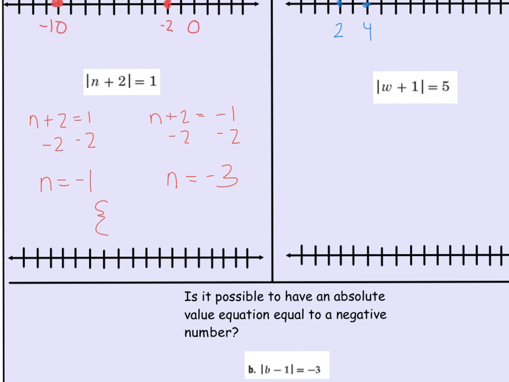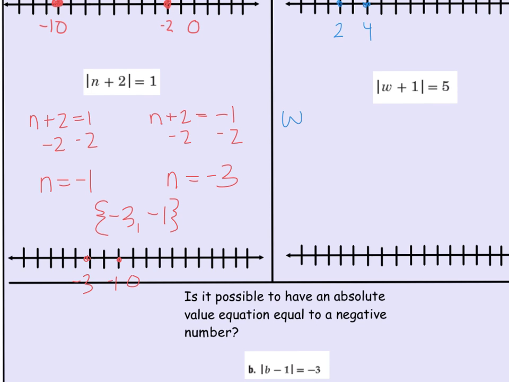So my solution, negative 3, negative 1. Remember, you can plug them back in and check, which would be a great thing to do. If you plug them in with the absolute value, you need to make sure that your solution is correct, and if it is, then you're good.